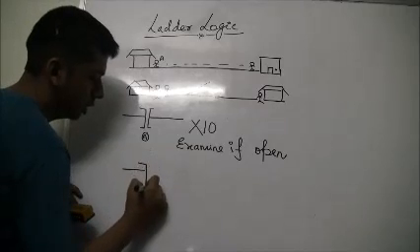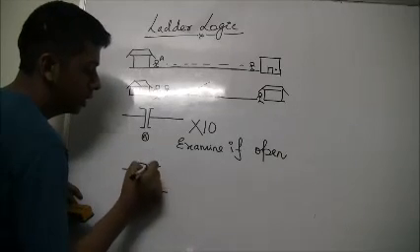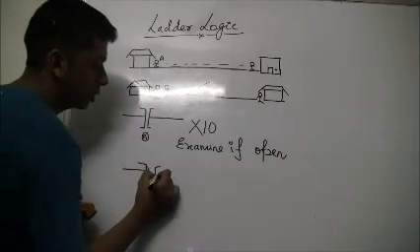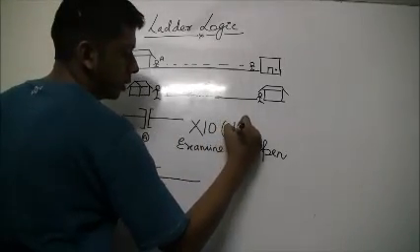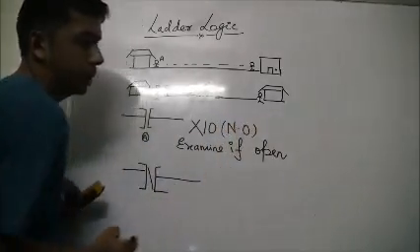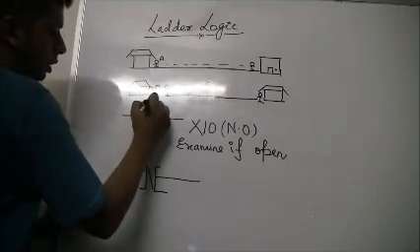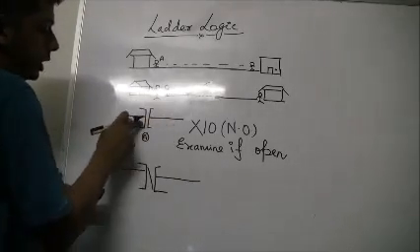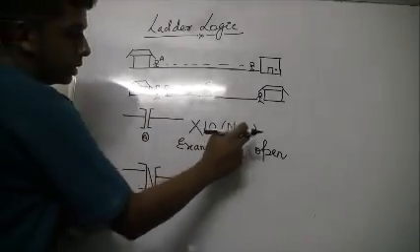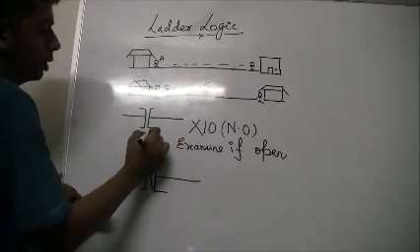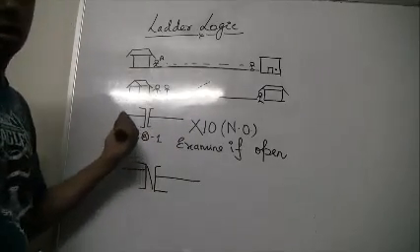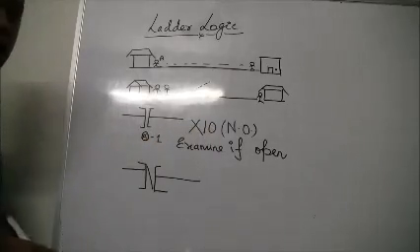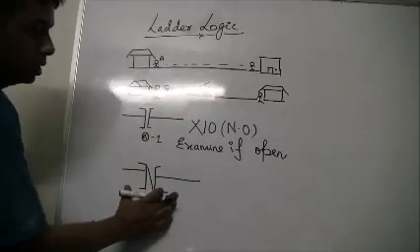Second is examine if closed. By the way, this can also be known as normally open. When you give an input, the bridge completes. This becomes this when there is an input or one condition present in XIO. And here, this is the normal condition.